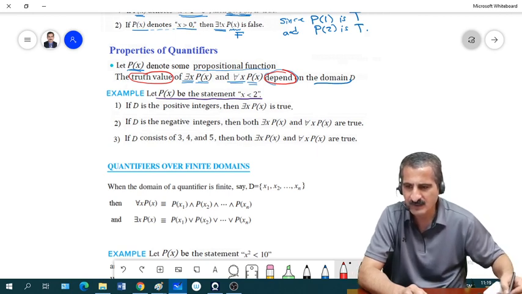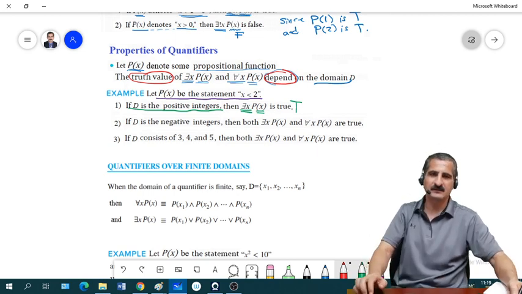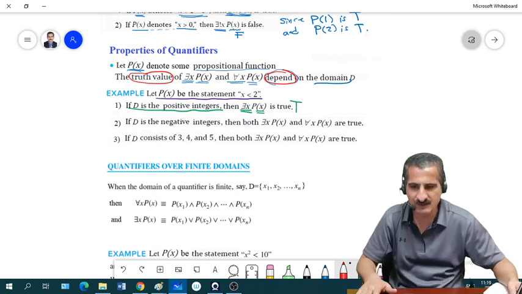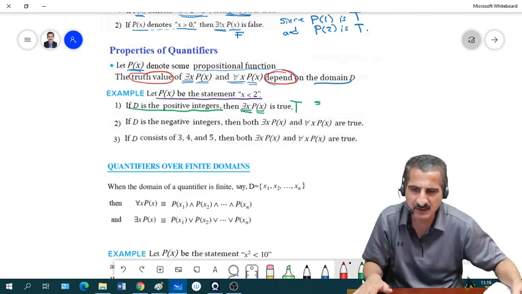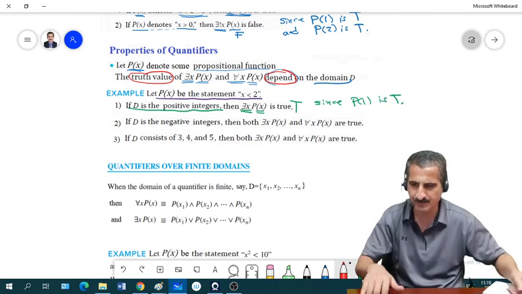Now, if D is the set of positive integers, then there exists an x which is less than 2. So this statement is true. There is x such that p of x. This is true because we have at least one, because 1 is less than 2, so p of 1 is true.